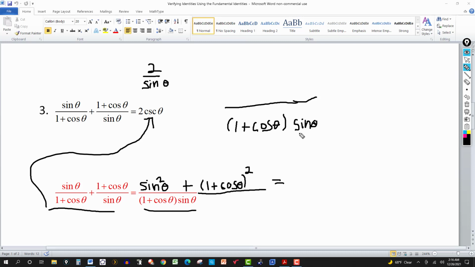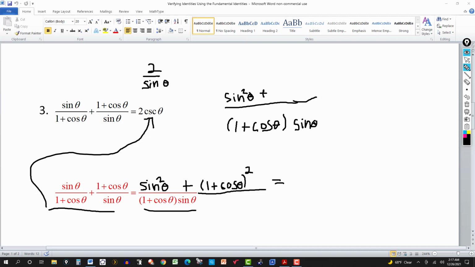So that pretty much tells me that somehow the stuff that I'm going to have in the numerator is going to have to simplify so that the 1 plus cosine theta cancels. So all I have to do up here then, I have the sine squared theta plus 1 plus cosine theta squared.